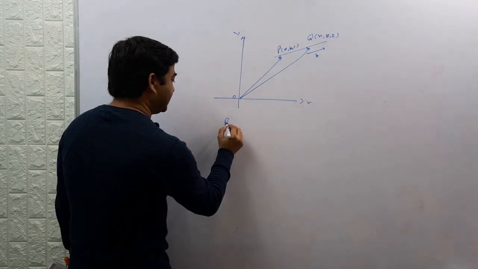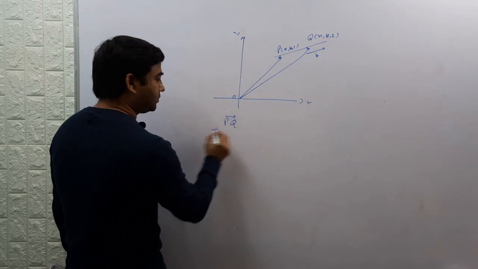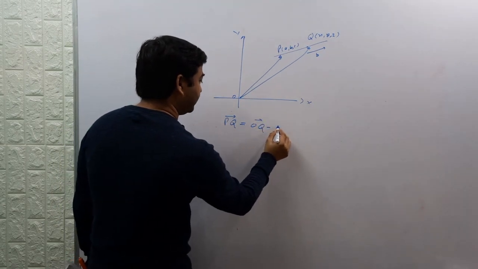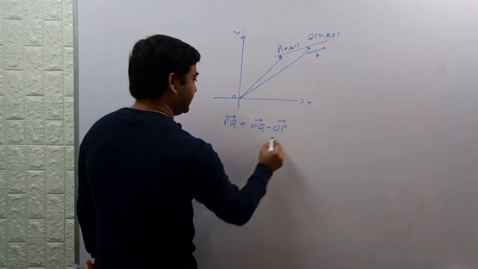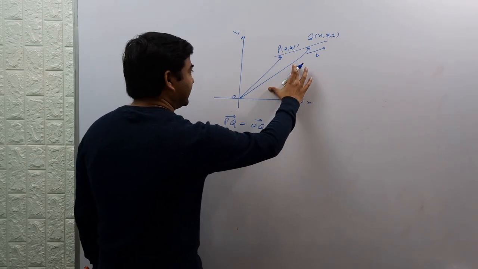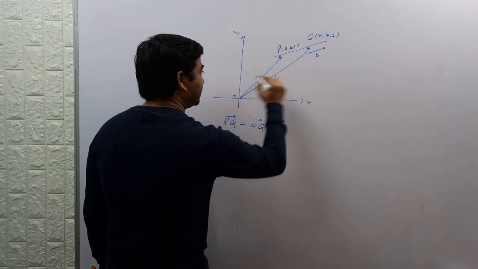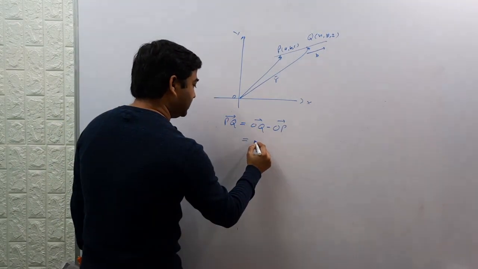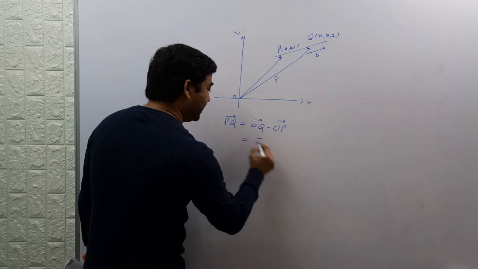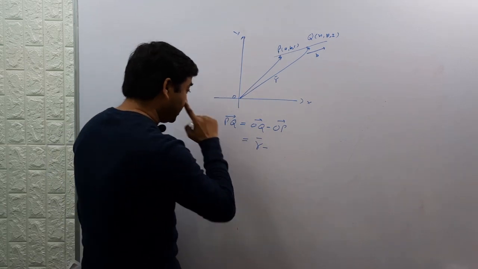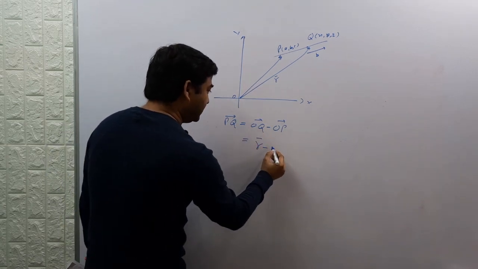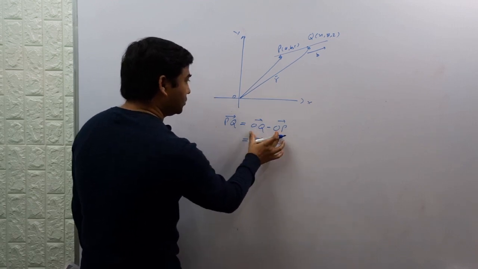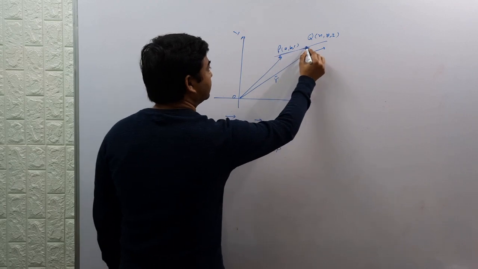So we can say vector PQ is equal to vector OQ minus vector OP. Let this vector OQ be represented as R. This is a variable vector, the vector of the general point. So this is vector R minus vector OP. This is vector PQ.